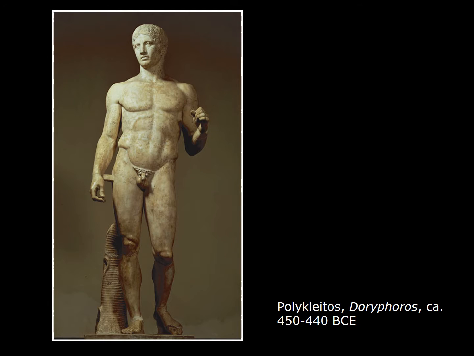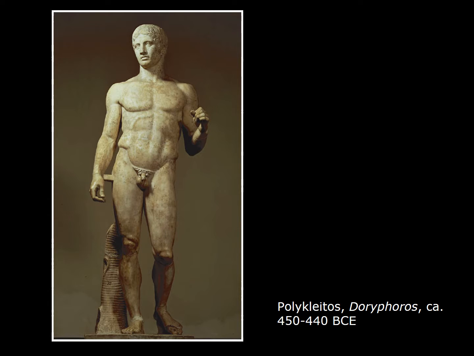The Doryphoros is also the culmination of the evolution in Greek statuary from the Archaic Kouros to the Critios Boy. Now we see that same contrapposto form that we saw in the Critios Boy, but it's more pronounced than ever. Polykleitos was not content simply rendering a figure that stands naturally.